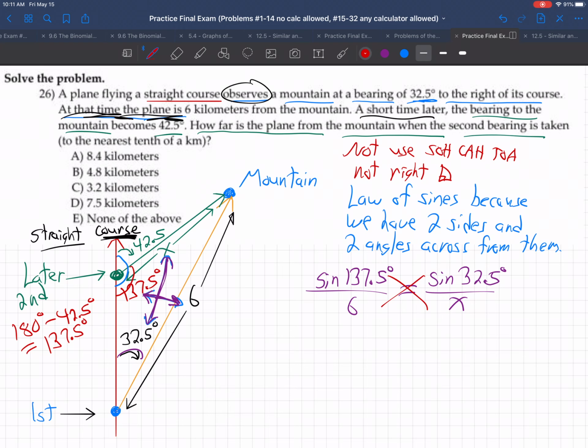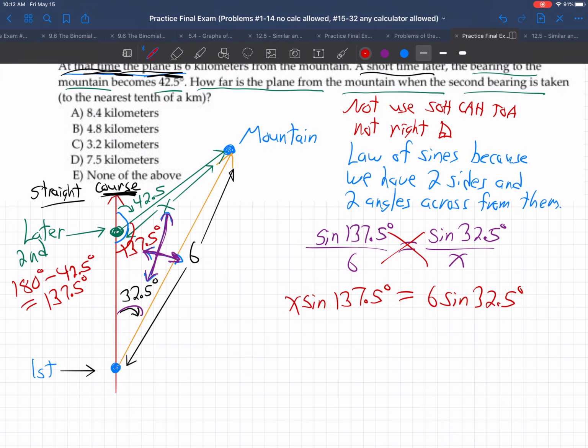Cross multiply. x sine of 137.5 degrees is 6 sine of 32.5 degrees. And so to get x alone there, we divide both sides by sine of 137.5 degrees.